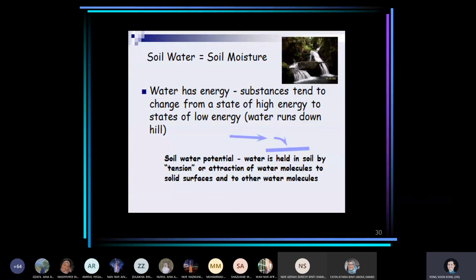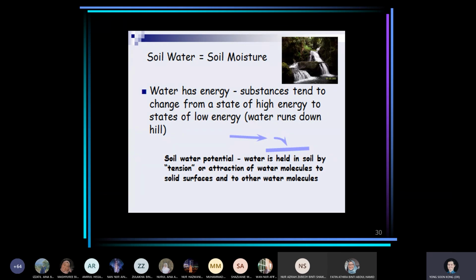So now here's the philosophy that soil scientists usually use, in which the movement of water is governed by energy. It is due to the difference of energy, in which a substance will flow from a state of high energy to a state of low energy.